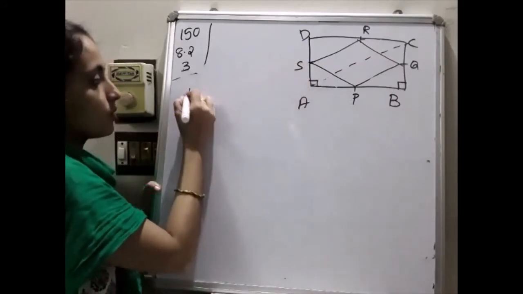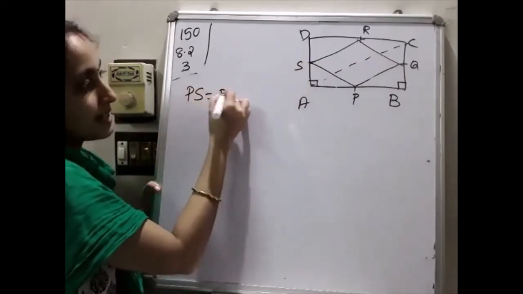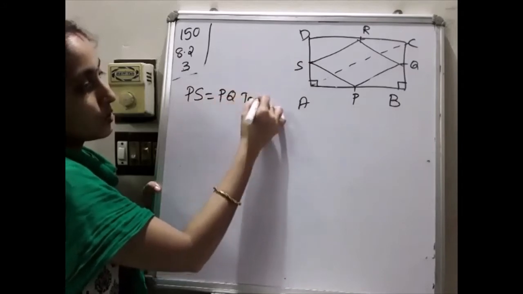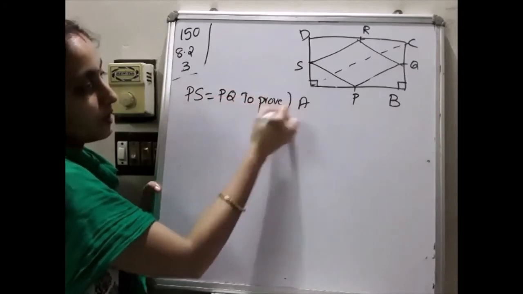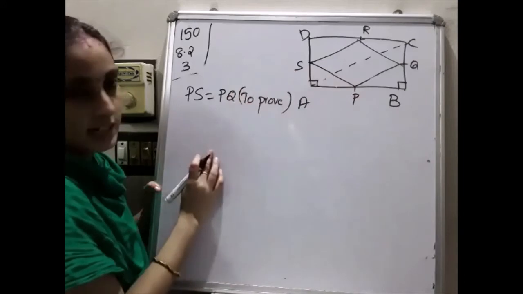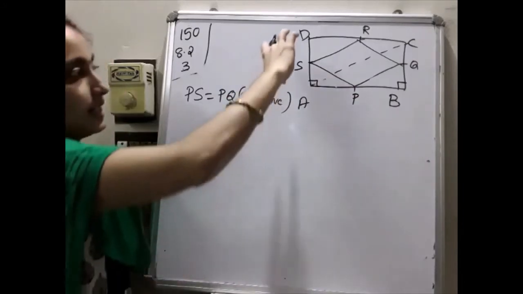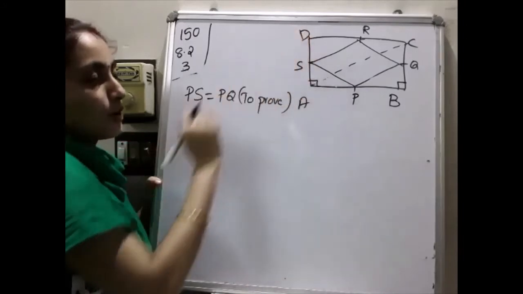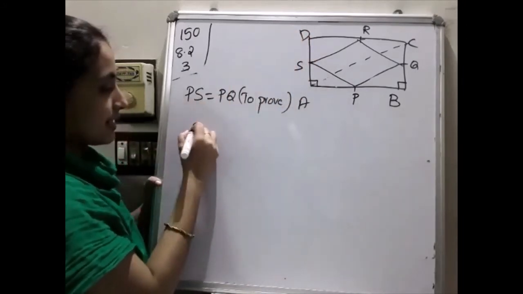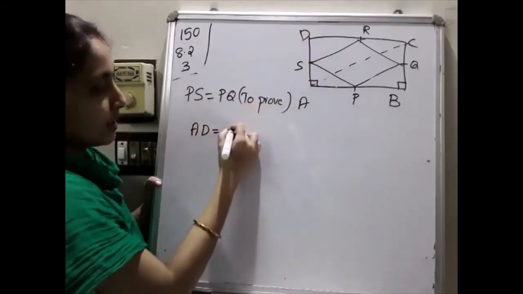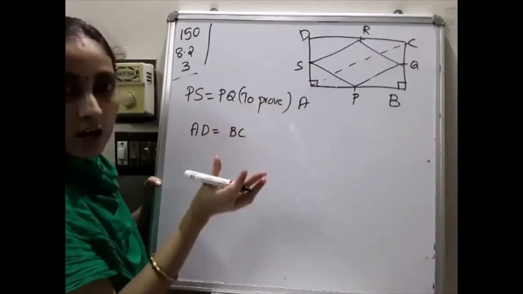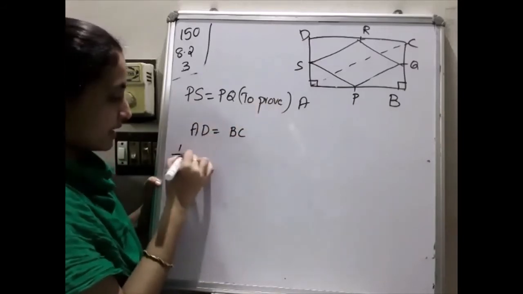So what we have to prove? We have to prove PS is equal to PQ. For that purpose, we have to consider two triangles. And before that, one more thing you have to consider. S is the midpoint of AD. Okay, listen here. AD is equal to what? BC. That you already know, because it is a rectangle, opposite sides are equal. So I am taking the half.